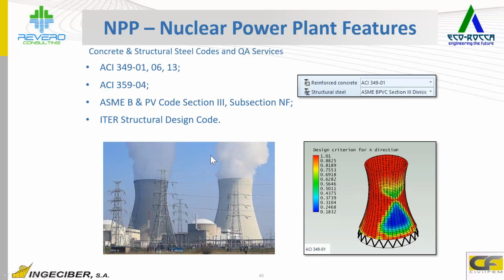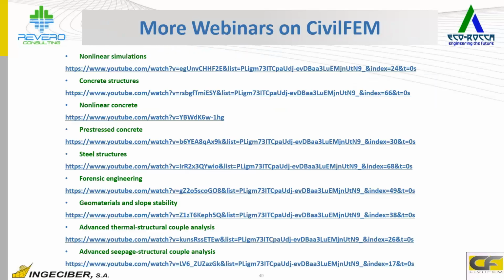That is an option which you can select if you do design for nuclear power plants, where the conditions are very strict. There is a quality assurance and quality control procedure, and CivilFEM is able to do such an analysis.